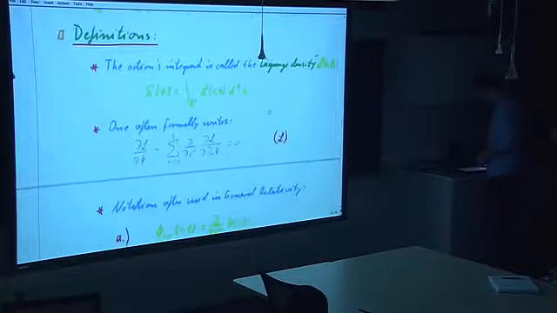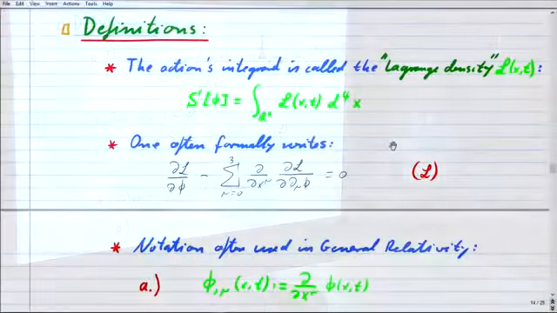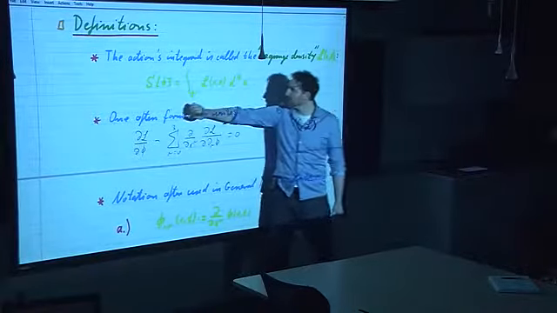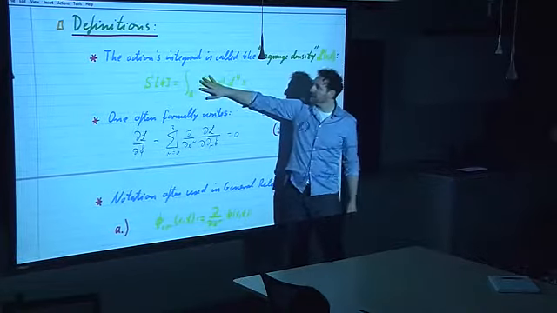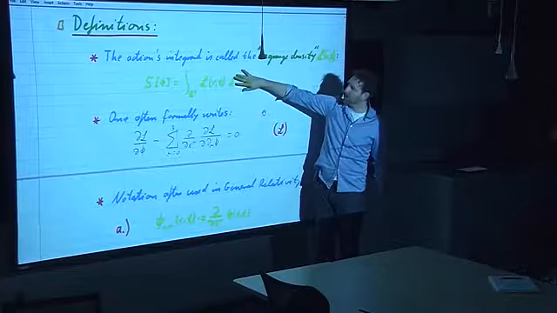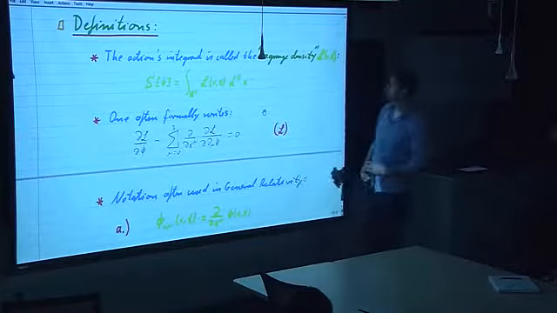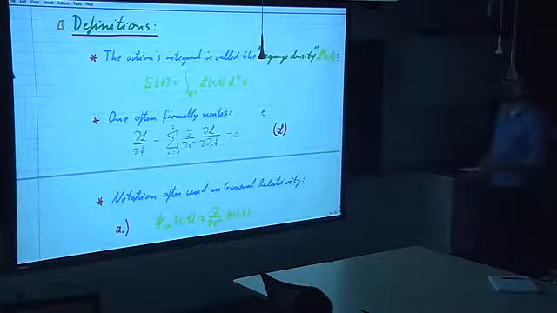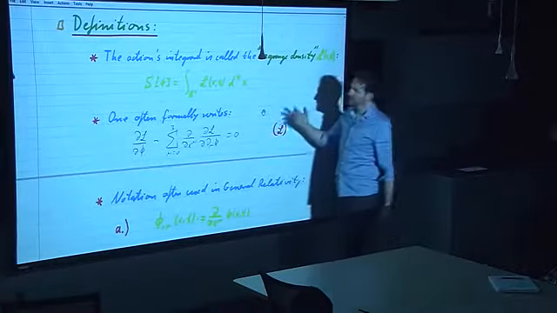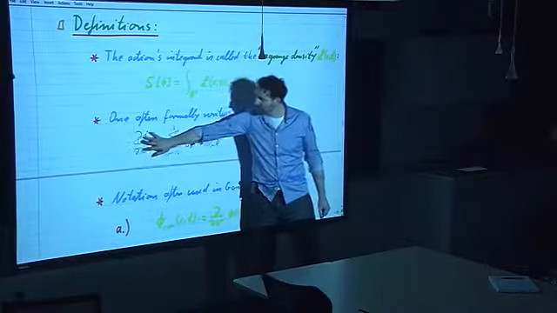Okay, so we defined the action S of phi, and it had an integration over both space and time. The integrand of the four-dimensional integral is also called the Lagrange density or Lagrangian density. One often finds in textbooks this equation here.